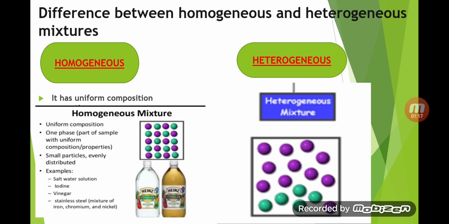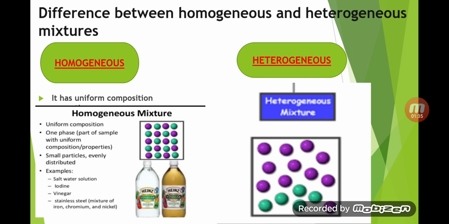So after dissolving solute into solvent, it is evenly distributed throughout the solution, and you will not find out where is the solute and where is the solvent. That is called a homogeneous mixture.